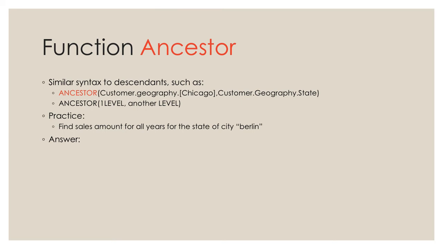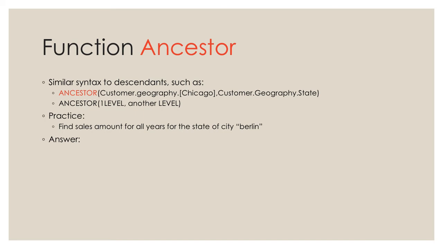All right, Ancestor takes an element and a level, right? In here, the example shows you Chicago and state. So I want the ancestor of Chicago and then represent it in state.